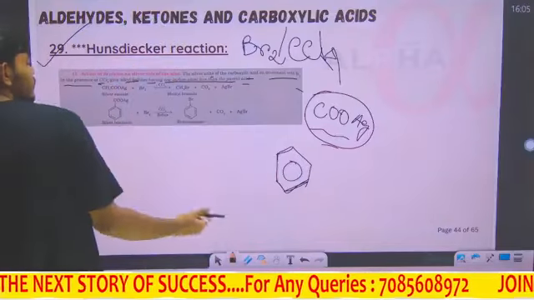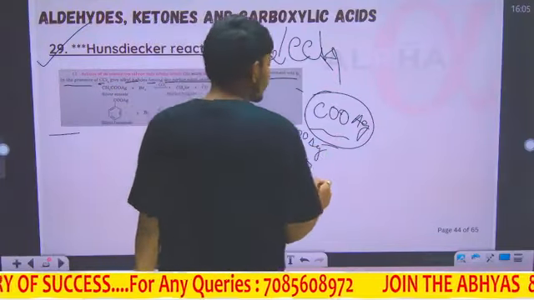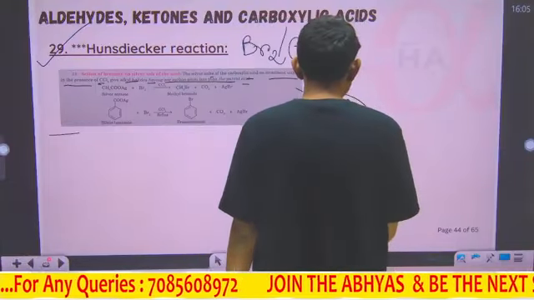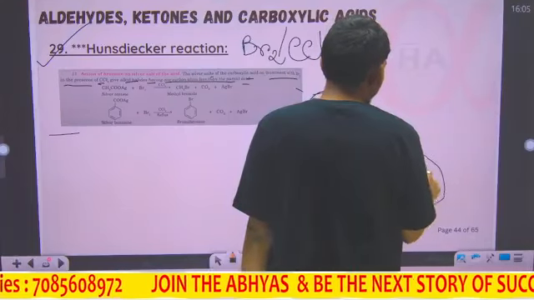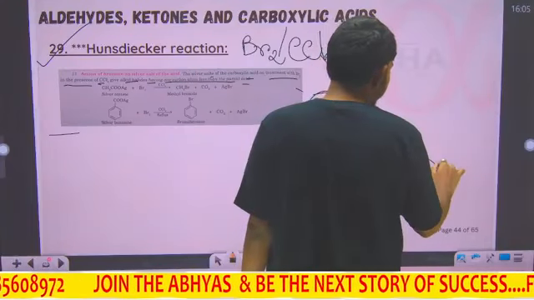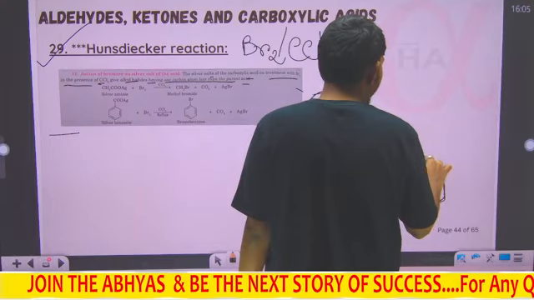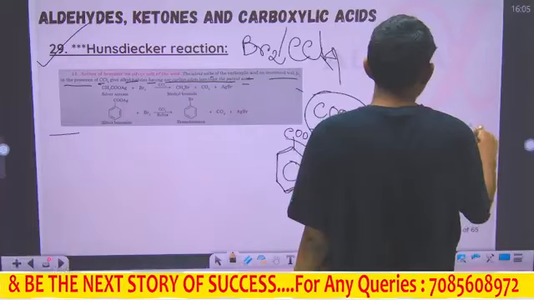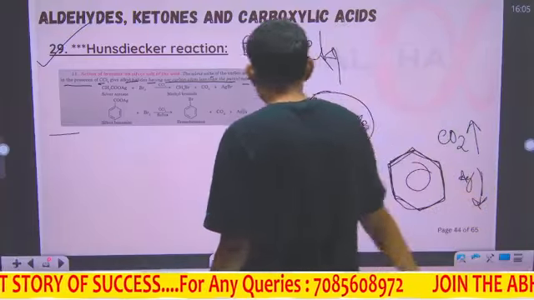Like here, COOAg, this is your silver salt. If you do the Hunsdiecker reaction, you will just get the benzene ring, one carbon less than the parent compound. COOAg will leave: CO2 gas will be formed as a byproduct and Ag will settle down.